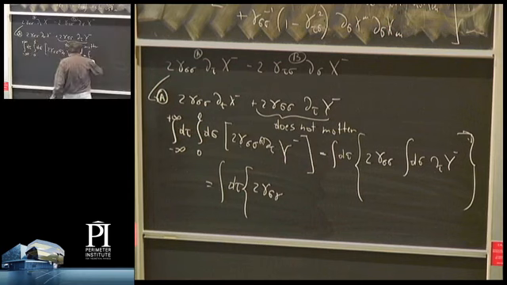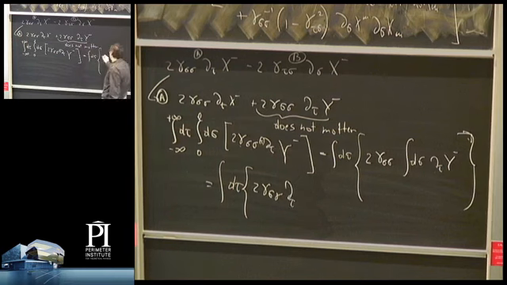So I can leave the integral with respect to tau outside, and I can take 2 gamma sigma sigma outside of the sigma integral, since it doesn't depend on sigma. So I will be left with the integral with respect to d sigma of del tau of y minus.